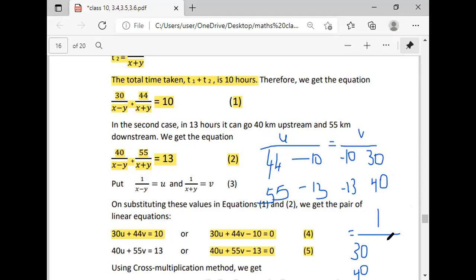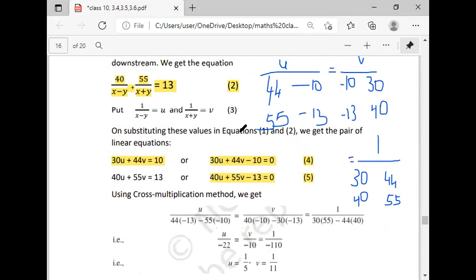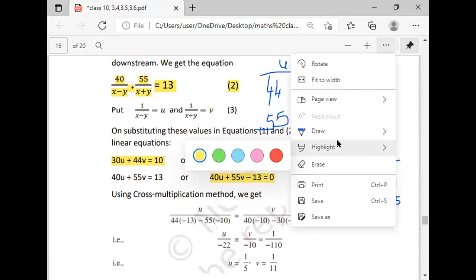Why 55 upside? Sir, because we are multiplying 30 into 55. It will be like this. See? Now we are cross multiplying it.